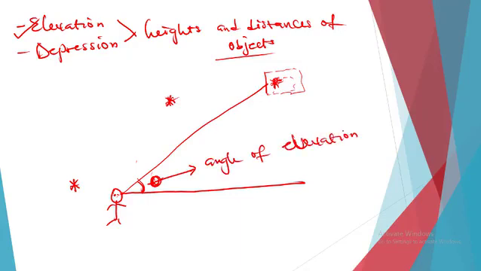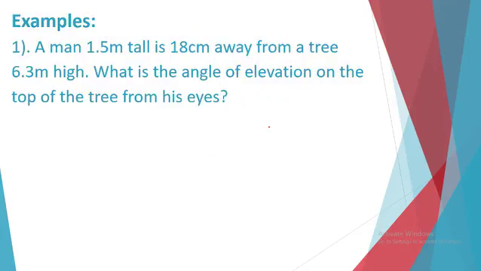From the word elevate, like to lift up your eyes to behold something above you. That's elevation. It is the angle that is formed when a man looks up to view something. So let's quickly take some examples to explain this better.